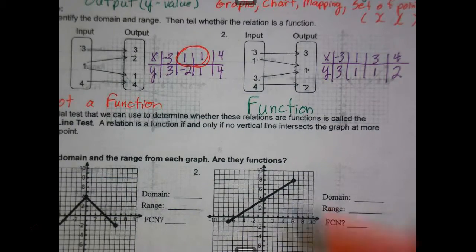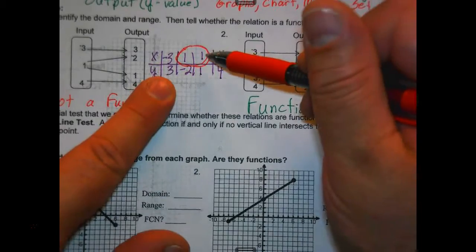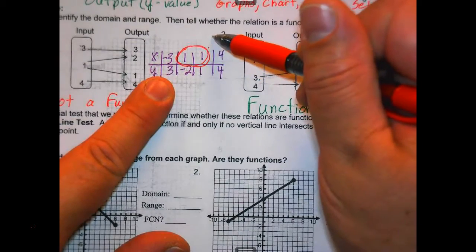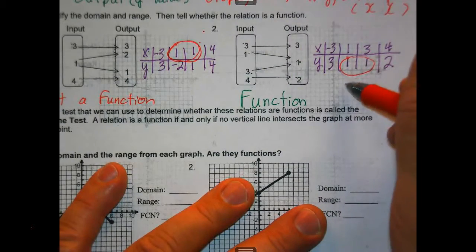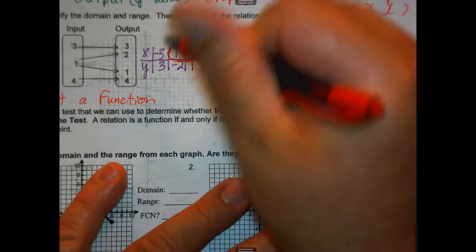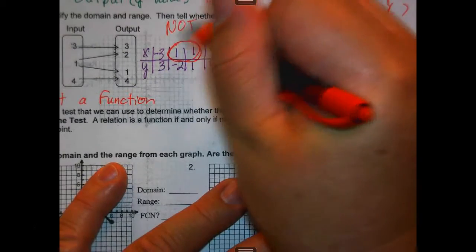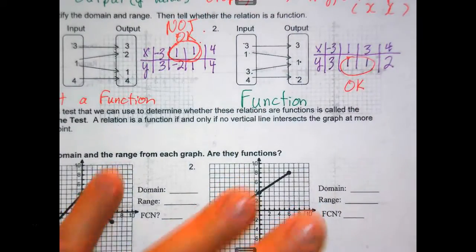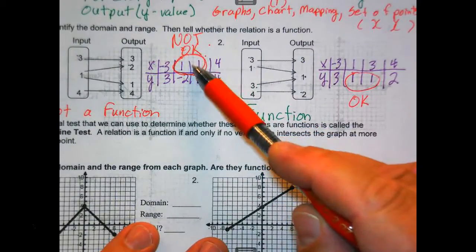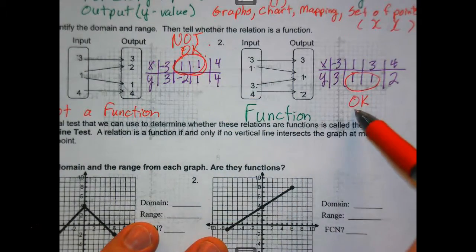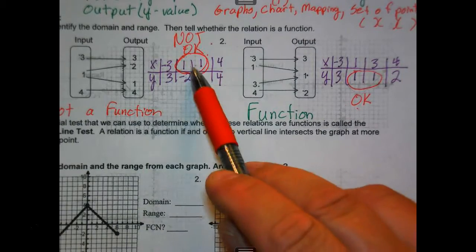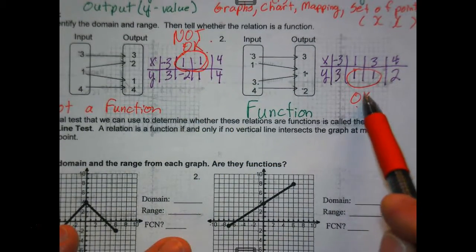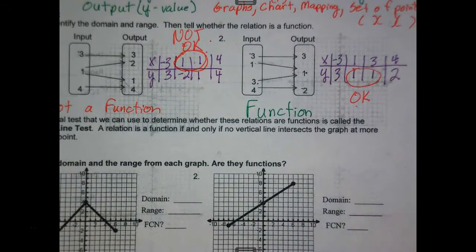Say it again. In order for this to be a function, the x's cannot repeat, but the y's can. Okay? This is not okay for a function. This is okay. This is your brain on drugs, and this is your brain on normal.